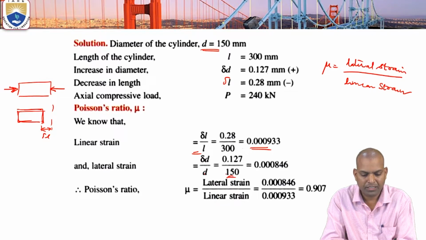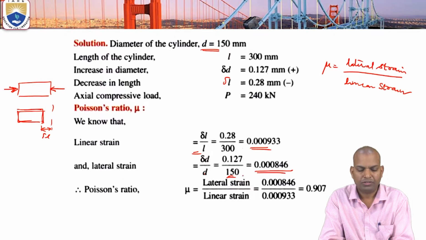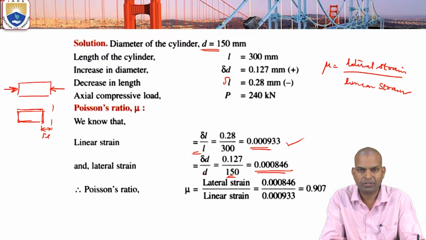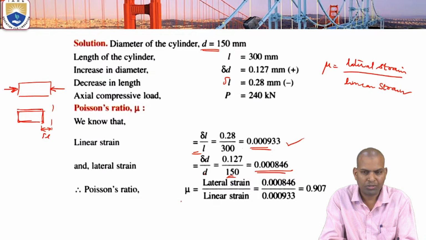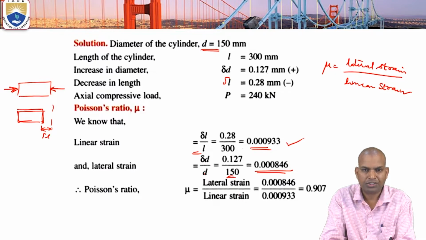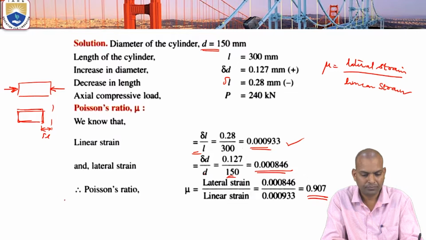That is 0.127 by 150, that is 0.000846. So the value of the linear strain is 0.000933 and the lateral strain is 0.000846. The ratio of lateral strain to linear strain, Poisson's ratio mu, substituting these values, is 0.907.